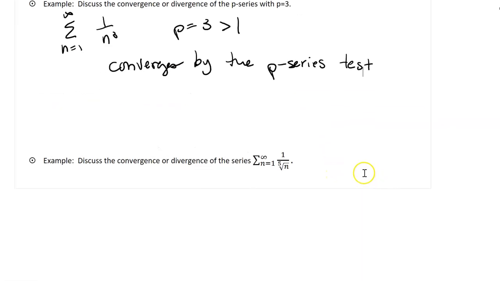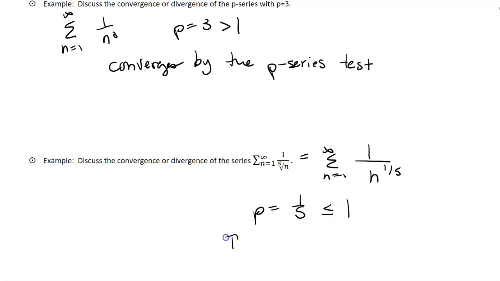Okay, this one is a p-series in disguise because this could be written as the sum from 1 to infinity of 1 over the 5th root of n, so that'll be n to the 1/5 power. So p equals 1/5, which is less than or equal to 1. So the series diverges by the p-series test.